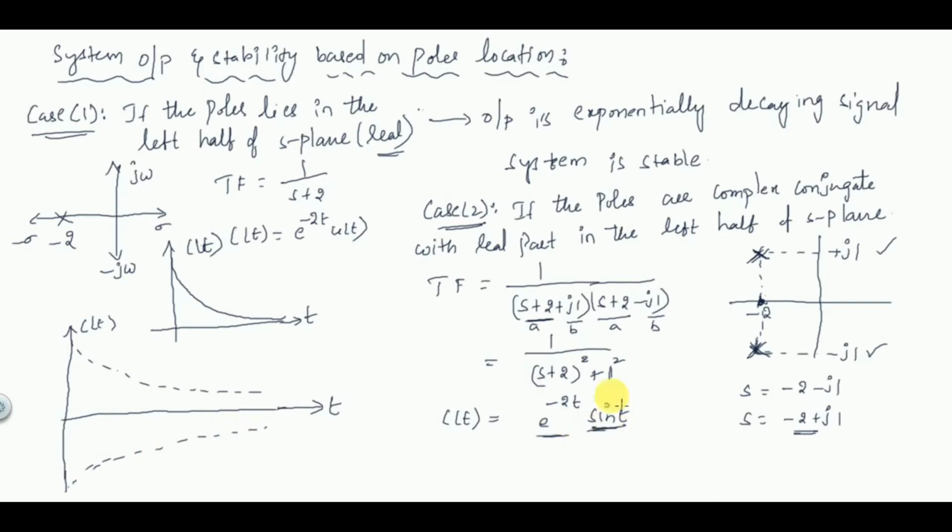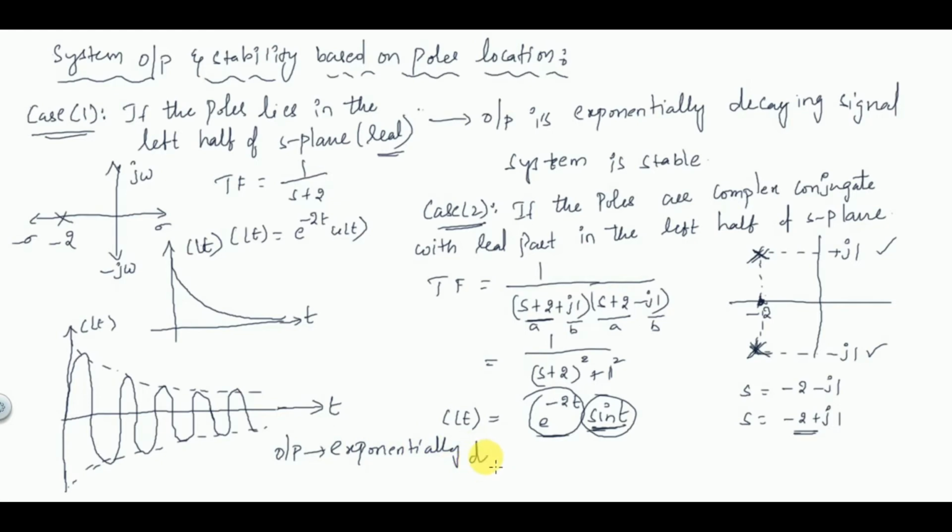And with sine t, it is not only exponentially decaying, but it is multiplied by a sinusoidal signal, so the output will be like this. The output will be an exponentially decaying sinusoidal signal or sinusoidal oscillations.